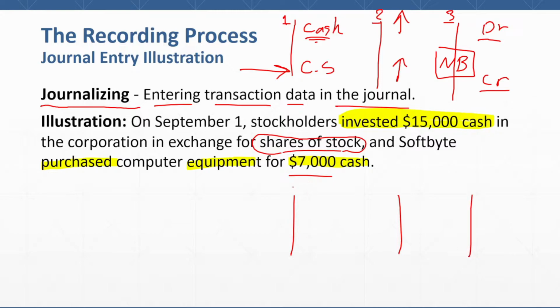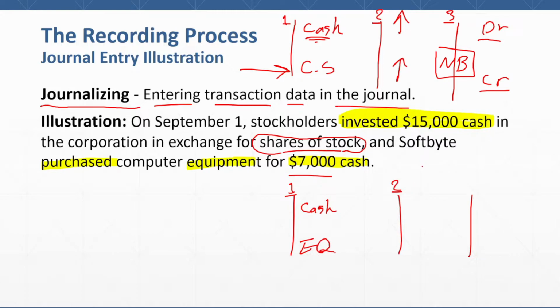Step 1, what accounts are involved? What's going on here? We are purchasing a computer for $7,000 cash. Of course, cash is one of the accounts that is changed. Something else is also changed. What? Computer or equipment. So 2 accounts are identified.